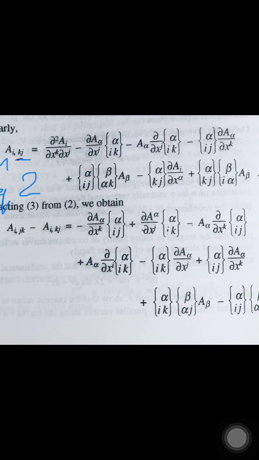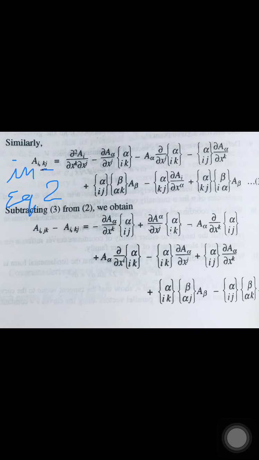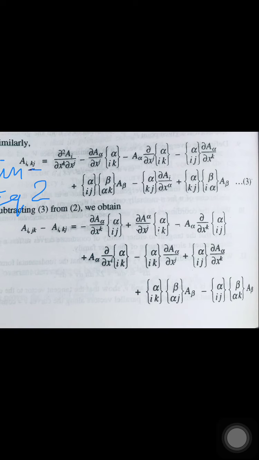Okay, now what we are doing, subtracting 3 from 2, equation 2 minus equation 3, that is A i comma jk minus A i comma kj. Okay, so we get here 1 2 3 4 5 6 7 8 terms, and the remaining terms are cancelled. Okay, 7 minus 7, some are different, some are same, so we get the 8 terms here. So this is A i comma jk minus A i comma kj.